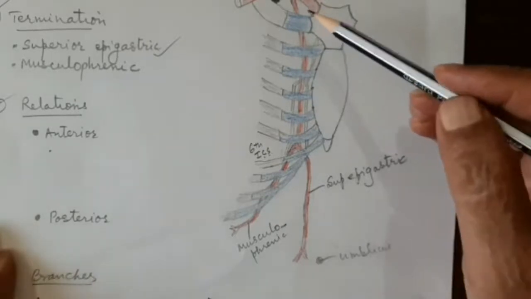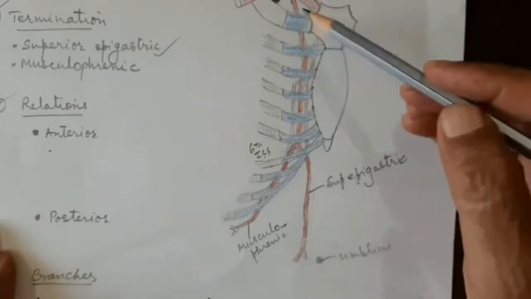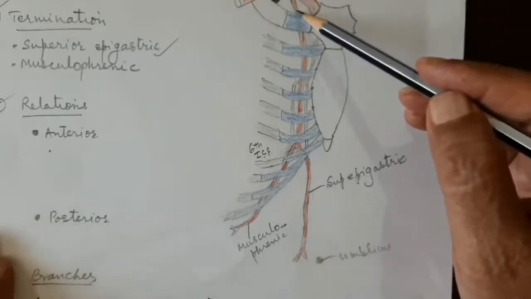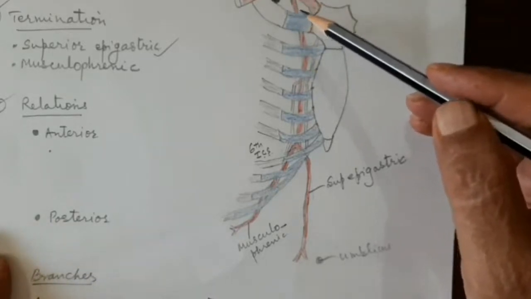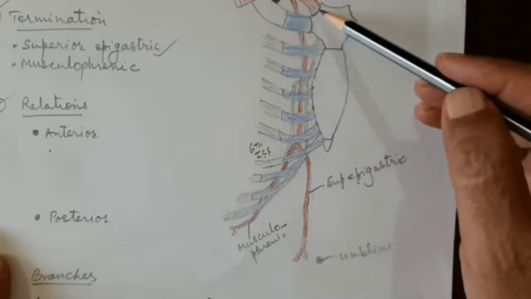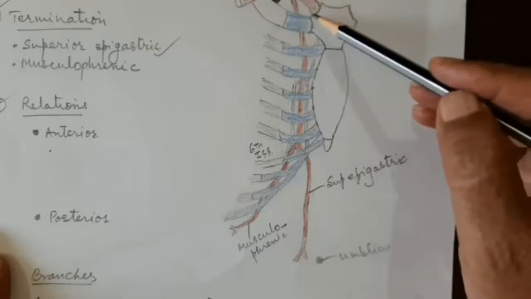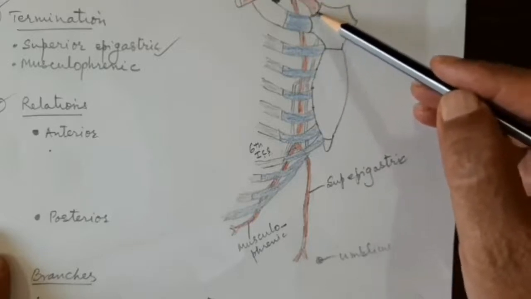So above the first costal cartilage, after running downward, forwards and medially, it will lie posterior to the sternal end of the clavicle. This is because here is the sternoclavicular joint.